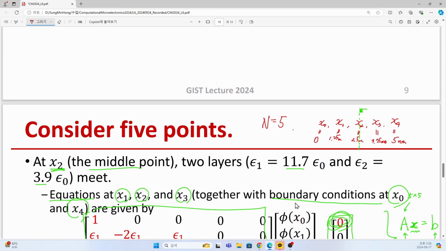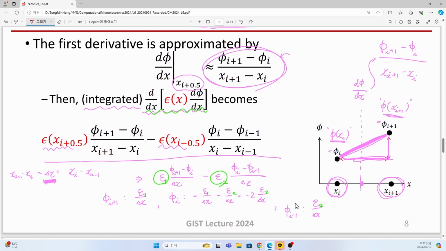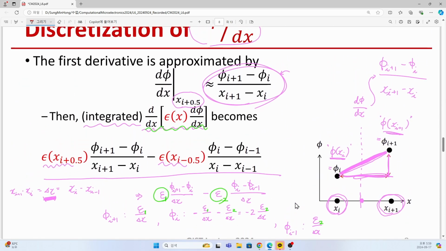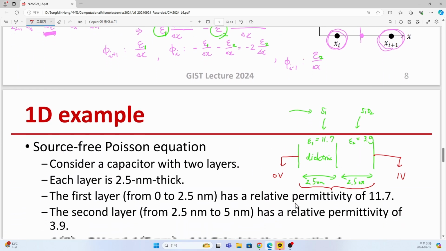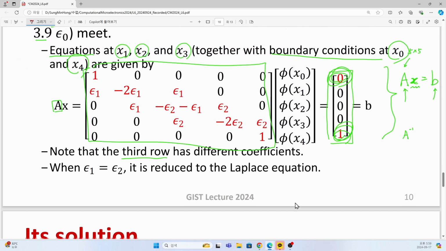If you can understand this discretization procedure, then you are more than okay to attend this semester's computational microelectronics course, at least where device simulation is involved. So today's lecture is particularly important. Please make your own effort to solve this homework number 6 on your own.